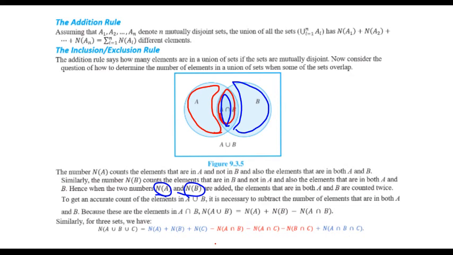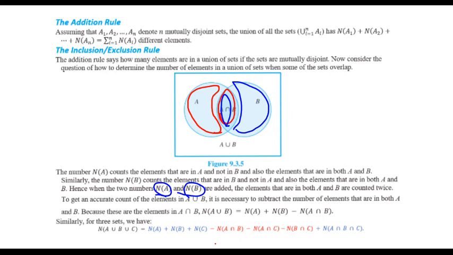So we need to subtract the number of elements that are in both A and B from the summation of n of A and n of B, because we have counted the number of elements in A intersection B twice.